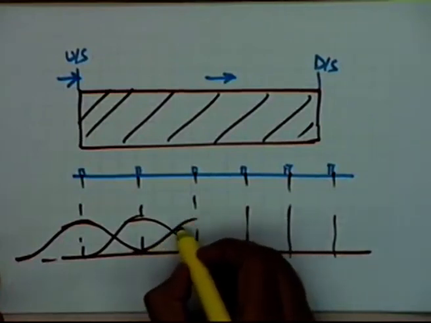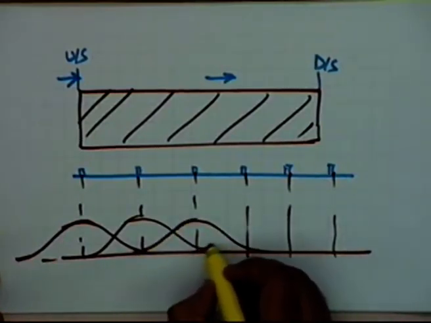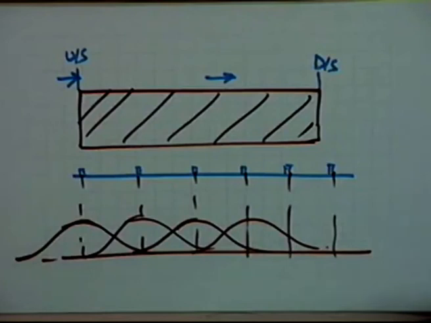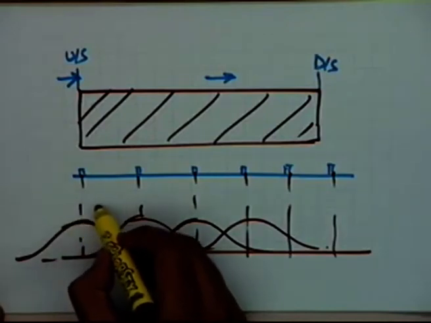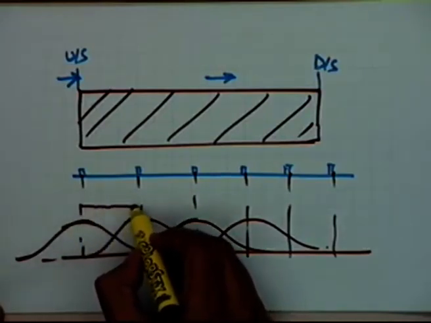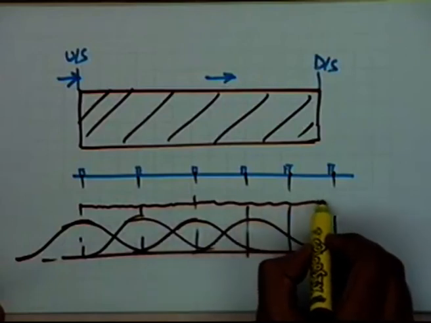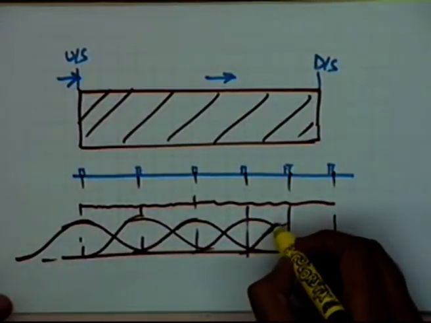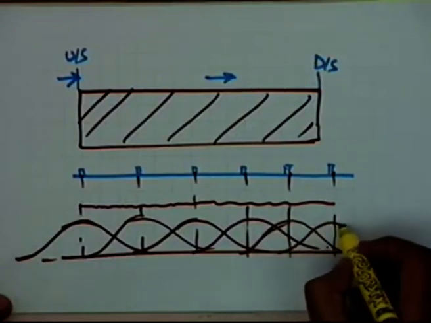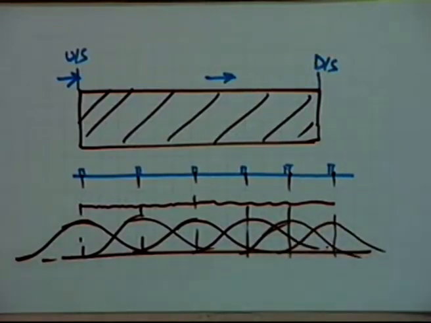When I look at the distribution pattern of the total combination, the end result is the combination of all these distribution patterns, and I might get something of this nature. Okay.